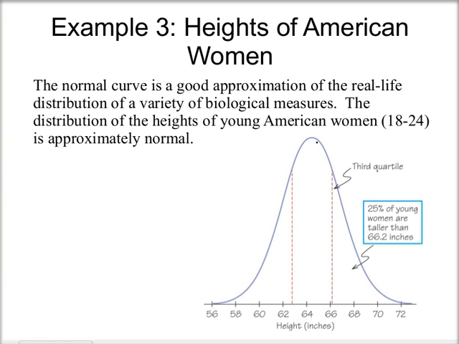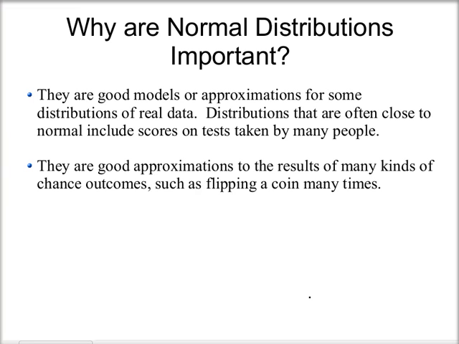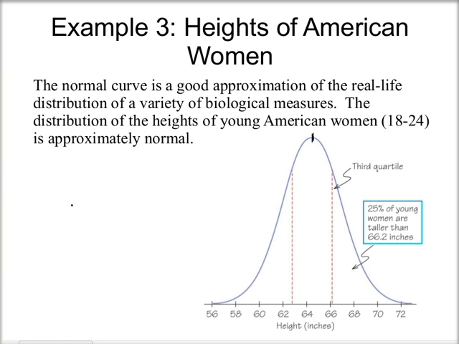Here, I'm looking for the mean. The mean is the peak of my graph, so there. And that's going to be at about 64.5 inches. So my mean, x bar, is 64.5 inches.